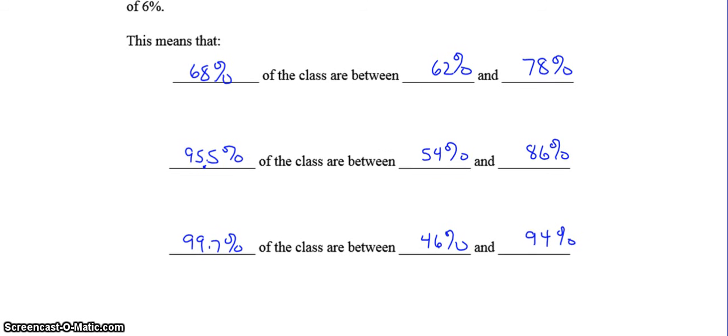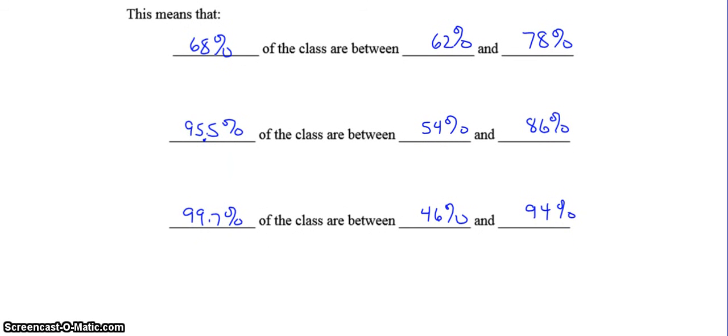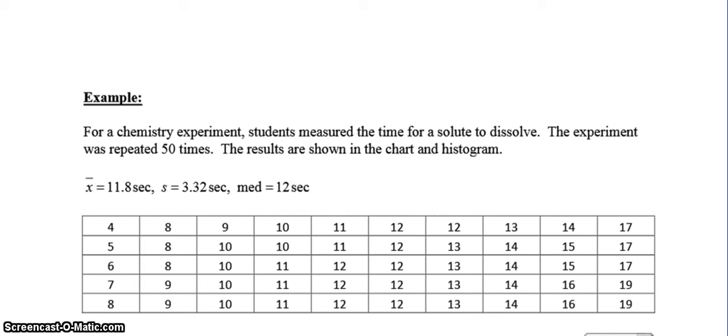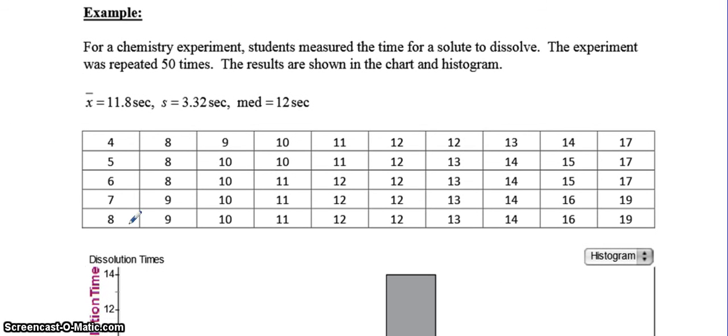So that's what the percentages are for data that is normal. What we can do is use these percentages and look at an example to discover if this data is normal or not.